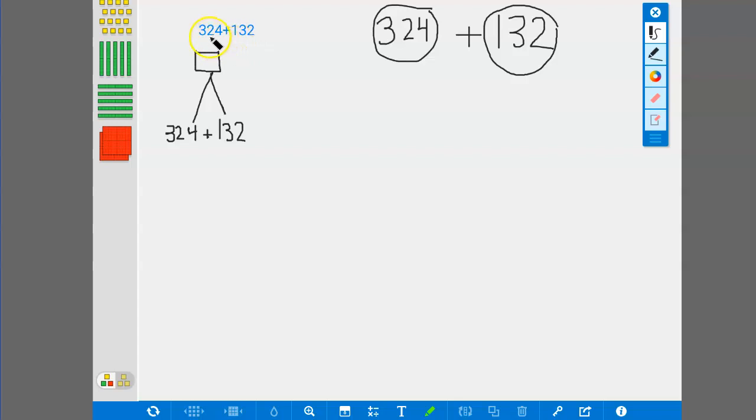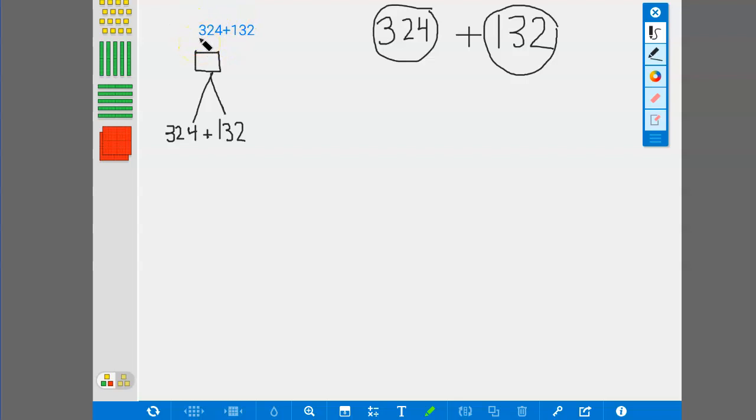Another way of saying that would be 20 plus 30 equals 50. I'm not going to have to make a group of 100 because 50 only has 50. That's just like saying 5 groups of 10 make 50. So I don't have to make another group. We're not going to regroup a group of 100.